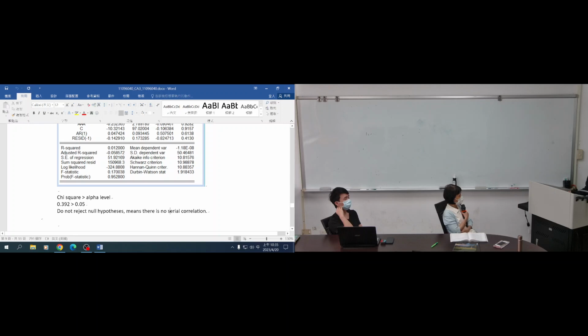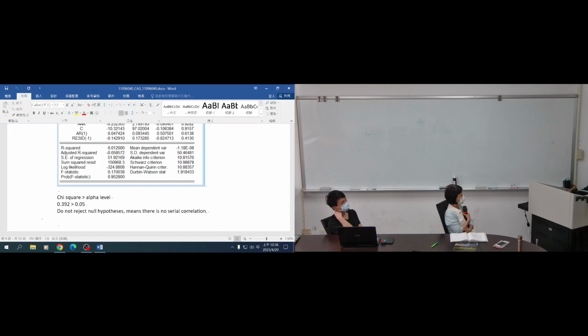There is not enough evidence to infer the alternative hypothesis, serial correlation. You cannot say no serial correlation. There is not enough evidence to infer there is a serial correlation.